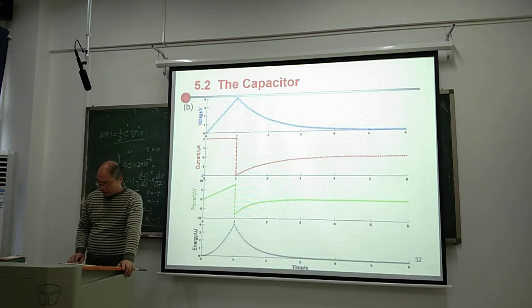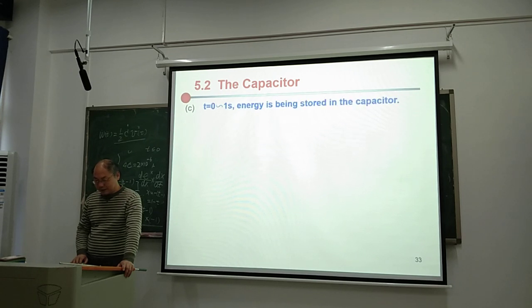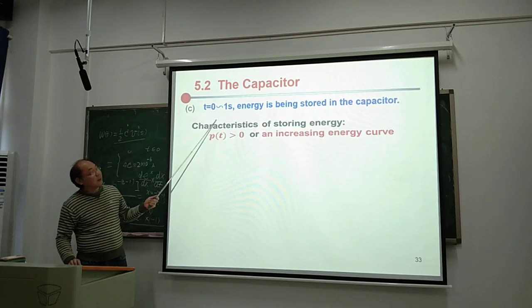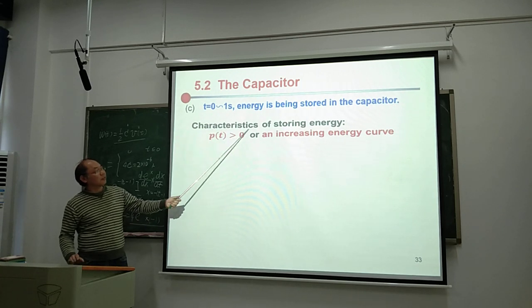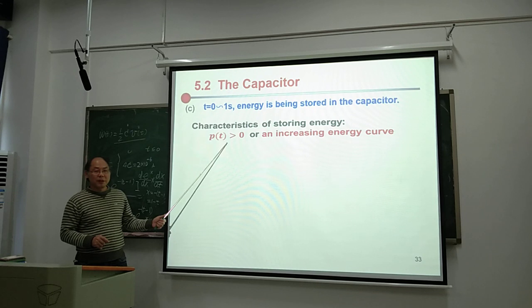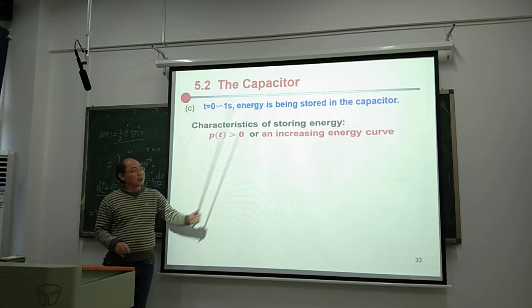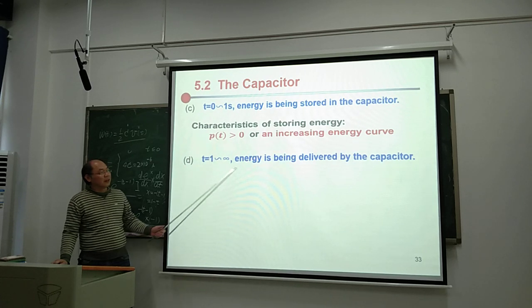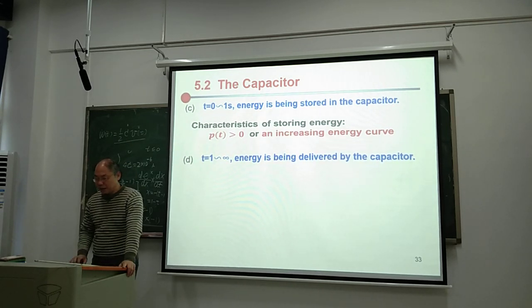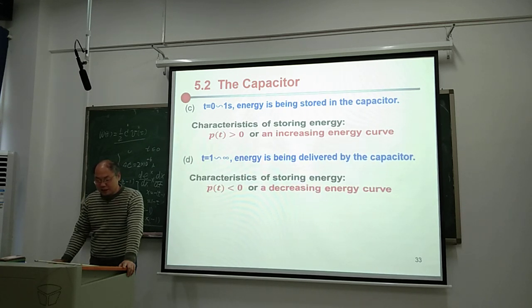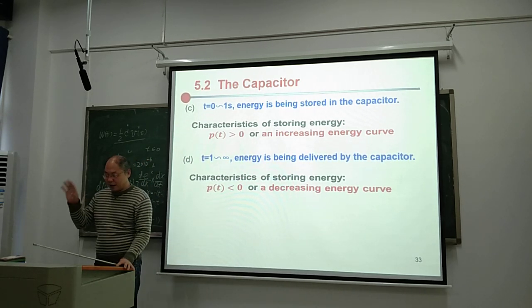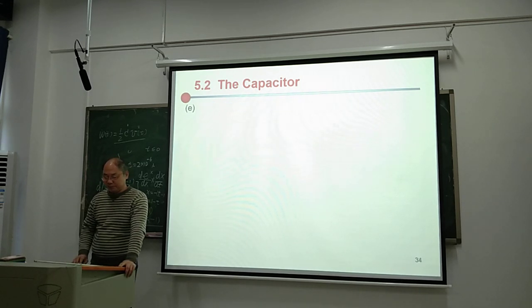So t equals 1 is a separating line. In this time interval, energy is stored in the capacitor, with the characteristics that P is positive and the energy is increasing. In the other interval, energy is being delivered by the capacitor, with the characteristics that P is negative and the energy is decreasing.